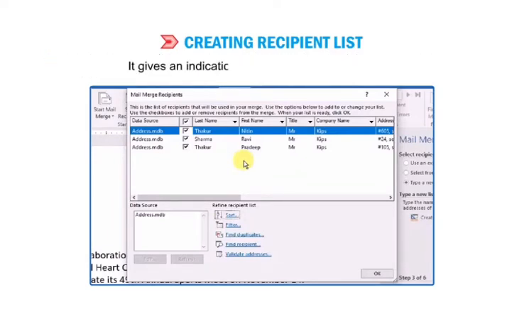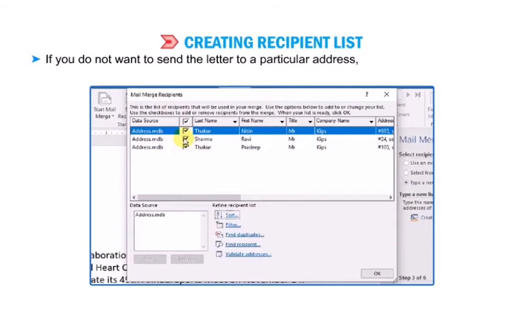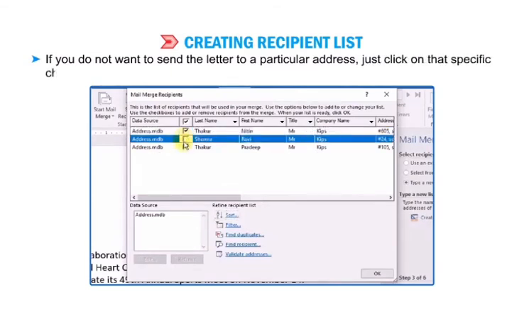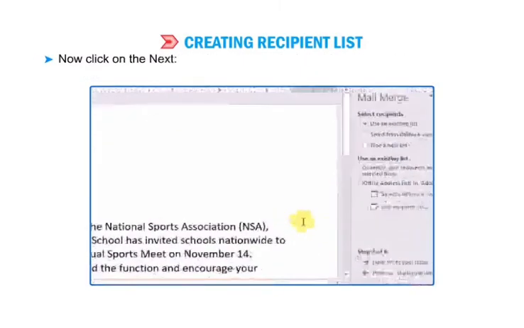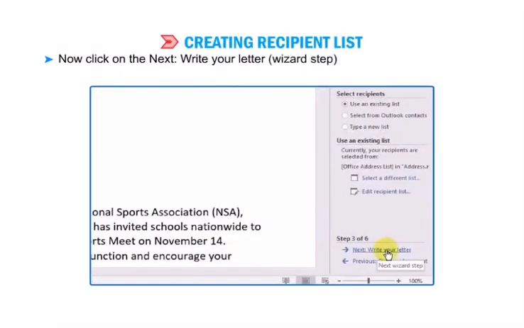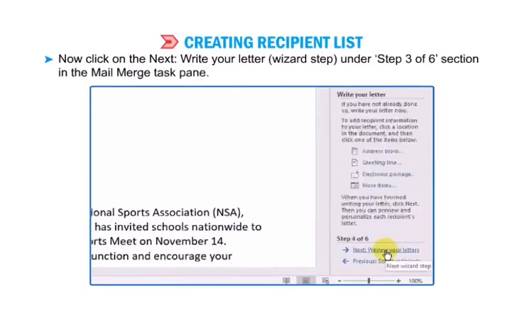It gives an indication that the records are selected. If you do not want to send the letter to a particular address, just click on that specific checkbox to deselect it. Click OK. Now click on the Next: Write your letter wizard step under Step 3 of 6 section in the Mail Merge task pane.